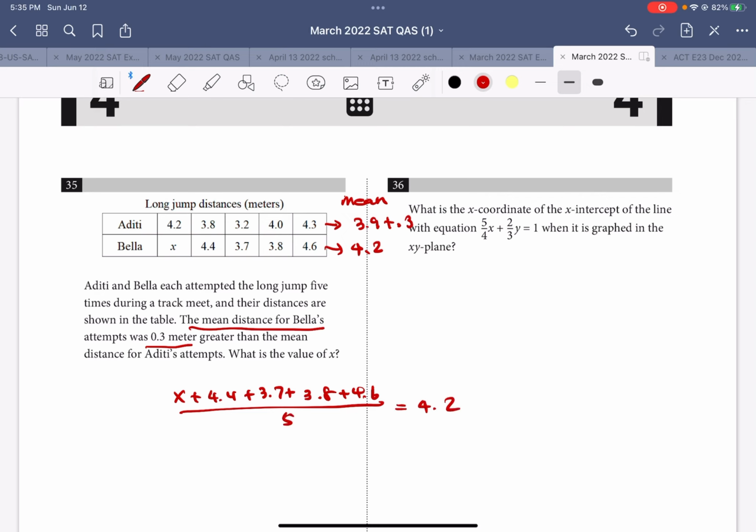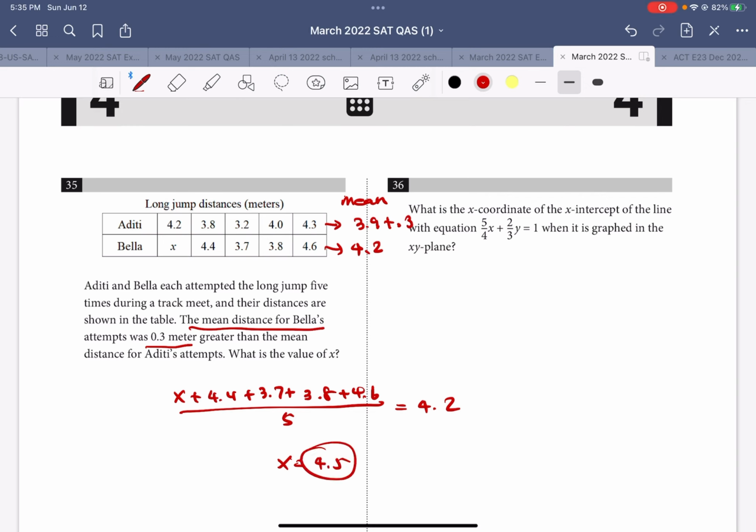Okay, and then you can solve for x from here. So what I'm going to do: 4.2 times 5, and then minus 4.4, minus 3.7, minus 3.8, minus 4.6 will give you the answer. So x is 4.5.